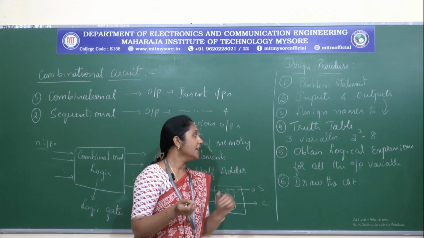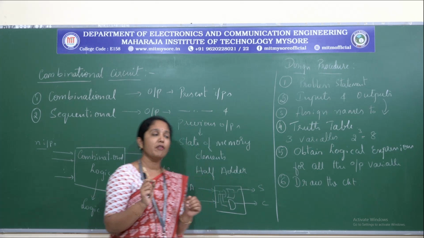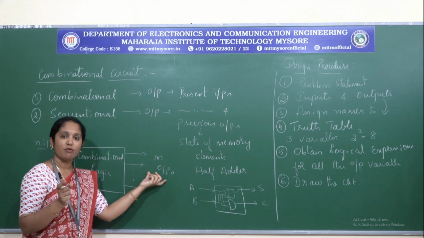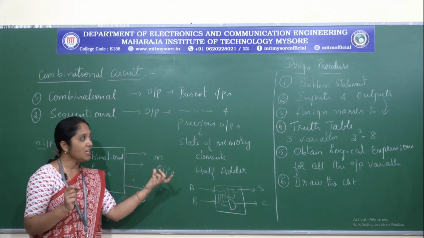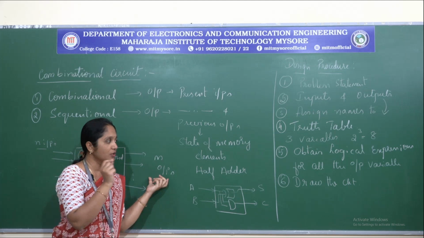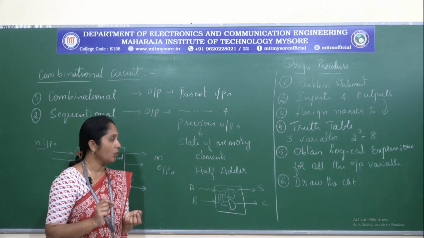And then finally, we are going to write the logical expressions. Each and every output variable will be having an individual expression. Therefore we are going to write the expressions for all the output variables, and then finally we are going to draw the logic circuit.